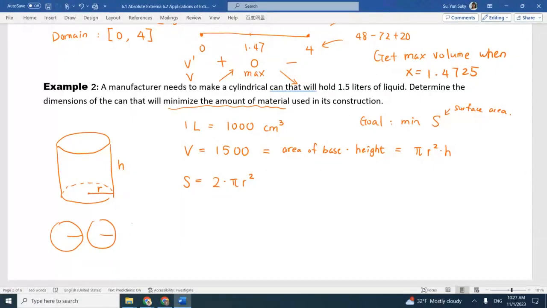And the side, when you cut it and you open it, do you see a rectangle? Surface area: top and bottom, they're circles. So pi r squared, there are two of them.